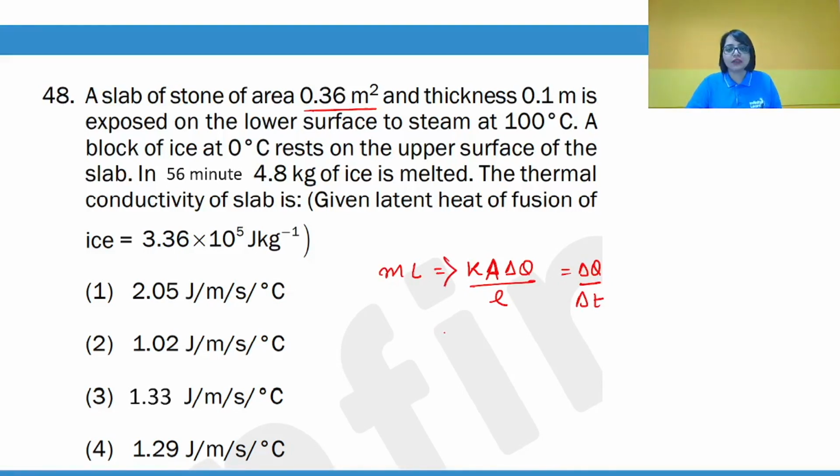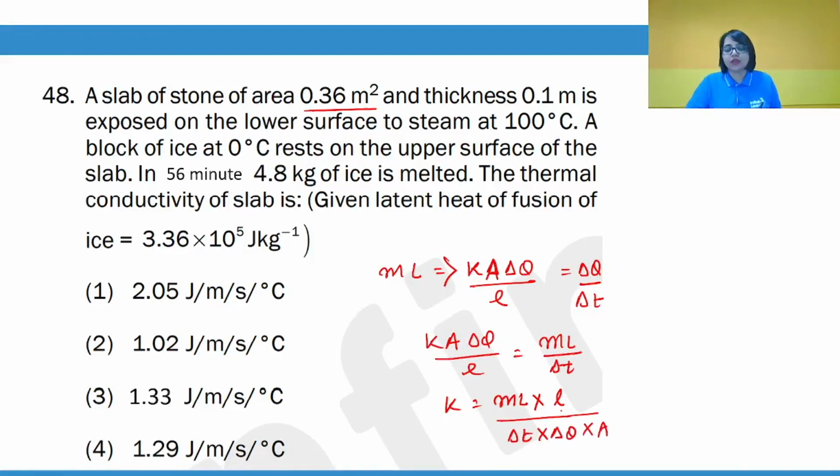After that, K A delta theta upon L is equal to mL upon delta T. So K will be m L into small l, that is the length of the slab, upon delta T into delta theta into A. After putting the value of mass, latent heat, length, change in temperature, time and area, you'll get the value of K as 1.33, option 3.